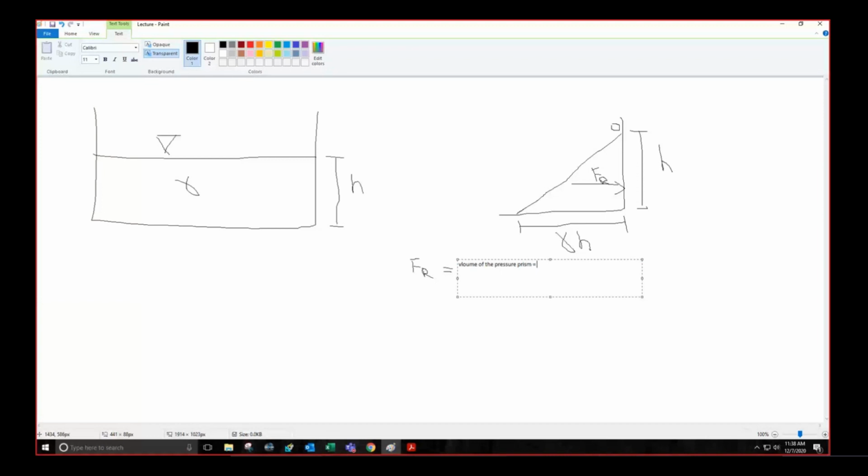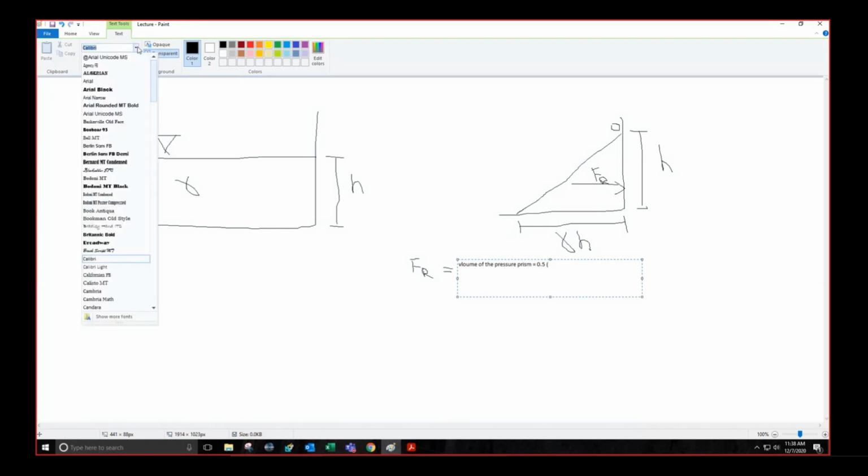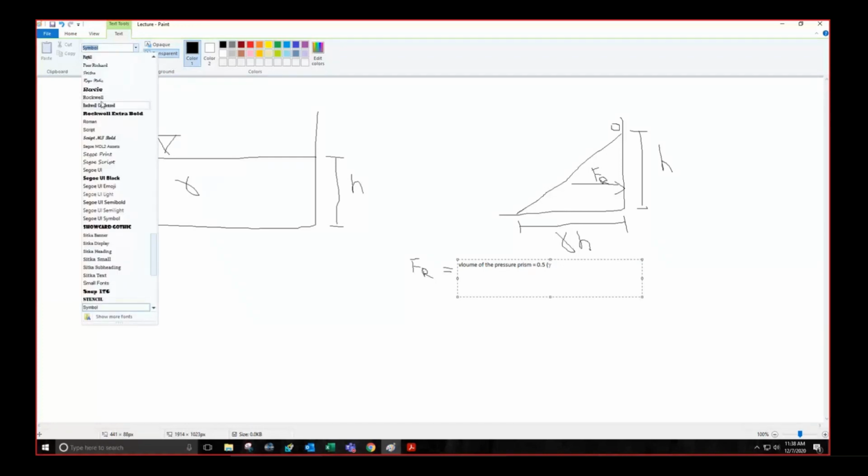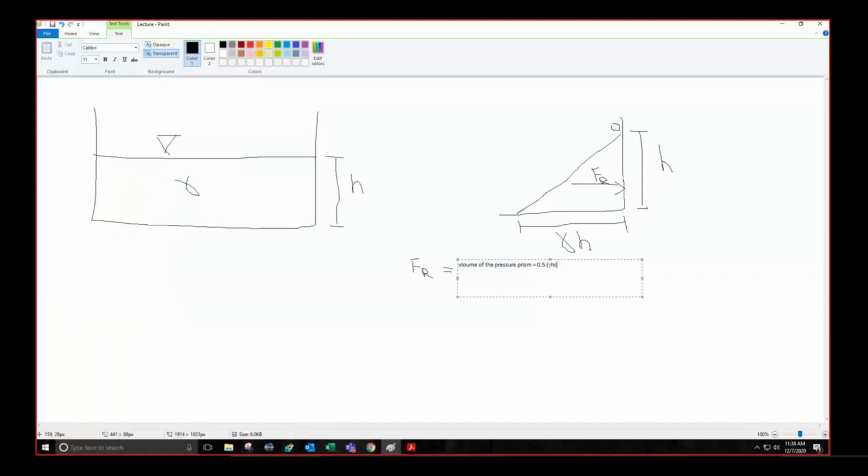And here that is equal to the volume of this prism, that is equal to 0.5 times the base, which is gamma H, times the thickness.